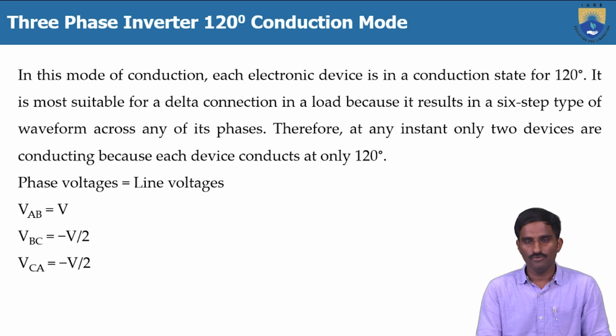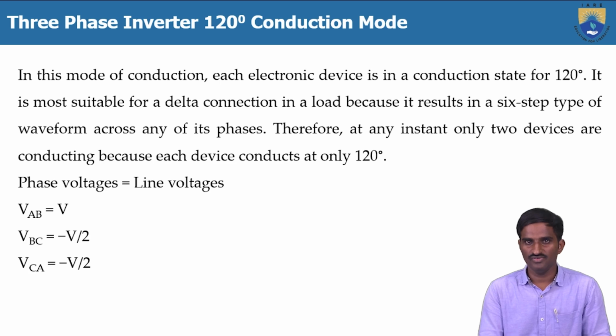And of course there are some differences between 180 degree conduction mode and 120 degree conduction mode. Especially in 120 degrees mode of conduction, each thyristor, or whatever power semiconductor device that we are using, will conduct for a period of 120 degrees.